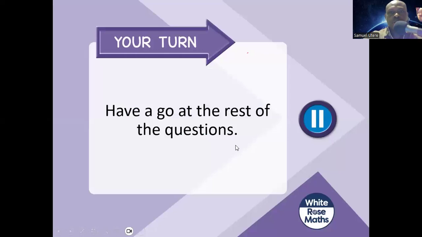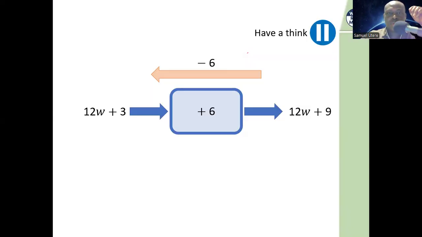Okay, I would like you to have a go at the rest of the questions. So remember, before you start working, what we've learned so far. So far, we have learned that you can use inverse operations to find out the expressions or the terms that were put into the machine.